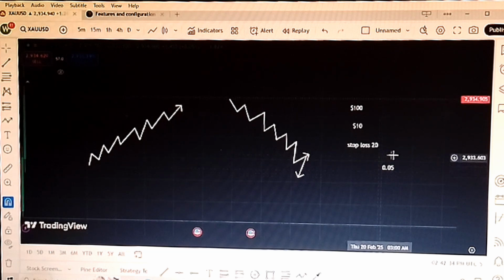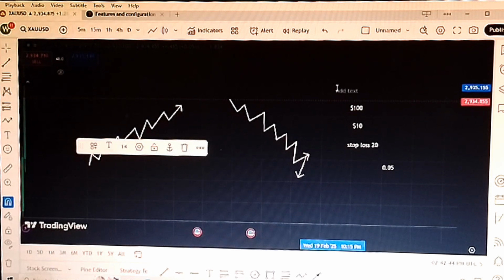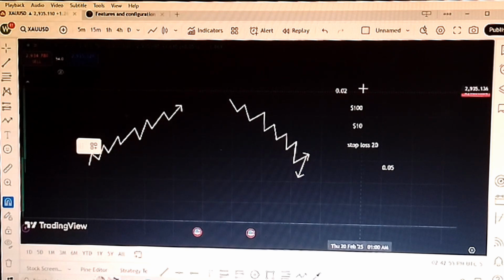So this 0.05 is what we want to use here. But you can't use this 0.05 once. Split it into 3. Just follow me.